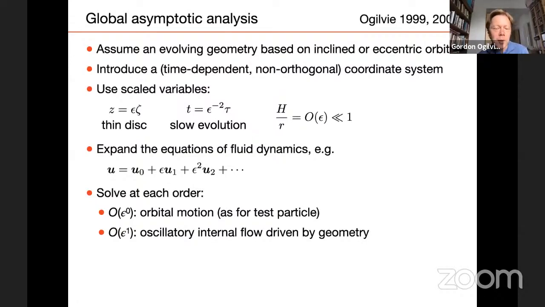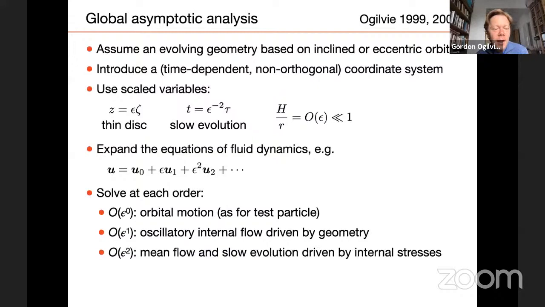I'll say a bit more about that in a moment. And then at the next order, there is a mean flow, which includes the accretion flow that you would have in a standard disk carrying mass through the disk, causing it to evolve, and indeed a slow evolution of both the shape of the disk and its mass distribution, driven by the various internal stresses, and that's ultimately what we're most interested in.